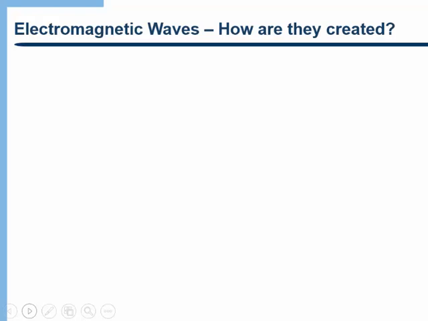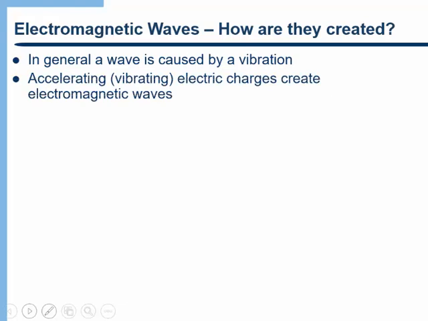The last thing I want to just remind you of is how electromagnetic waves are created. We know that in general, any kind of wave is caused by some kind of vibration. Electromagnetic waves are caused by accelerating electric charges.